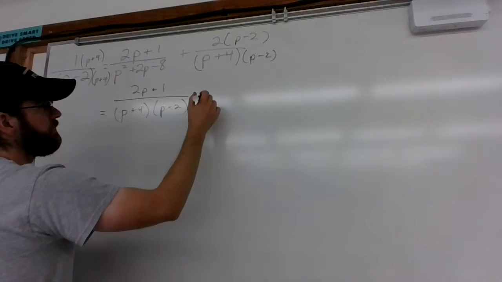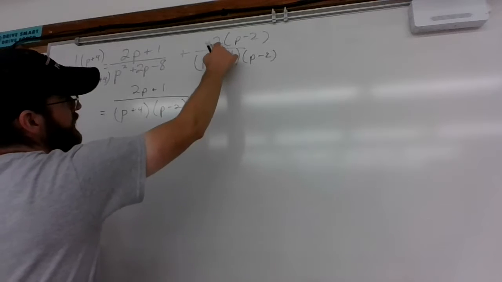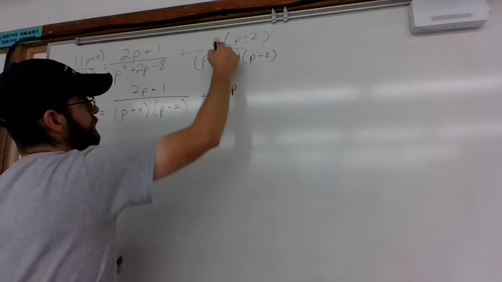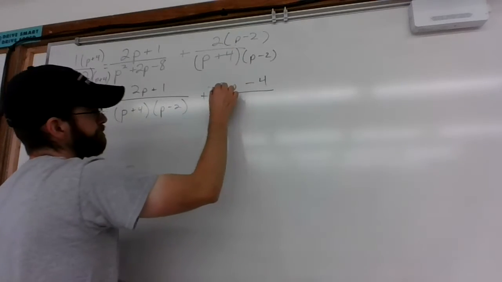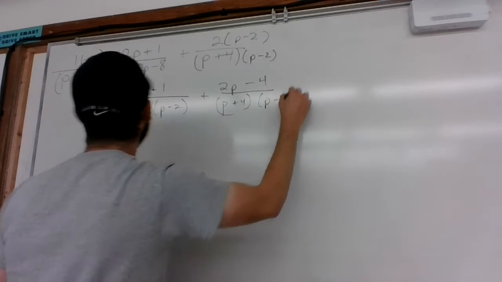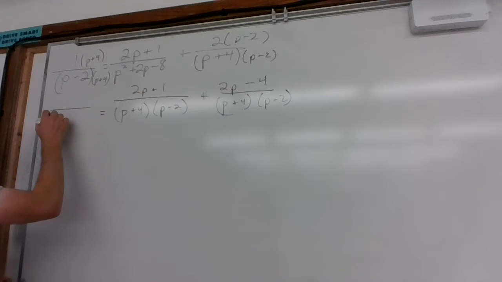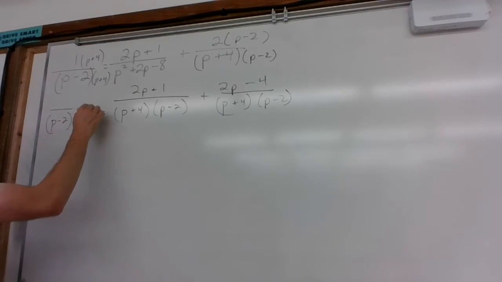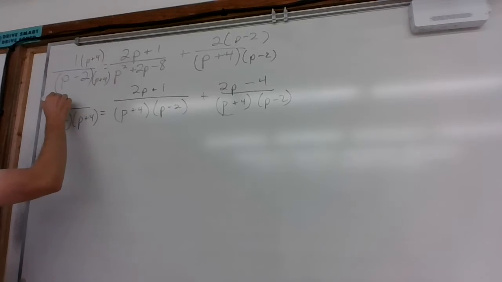So 2p minus 4 over the same thing. One p plus 4.